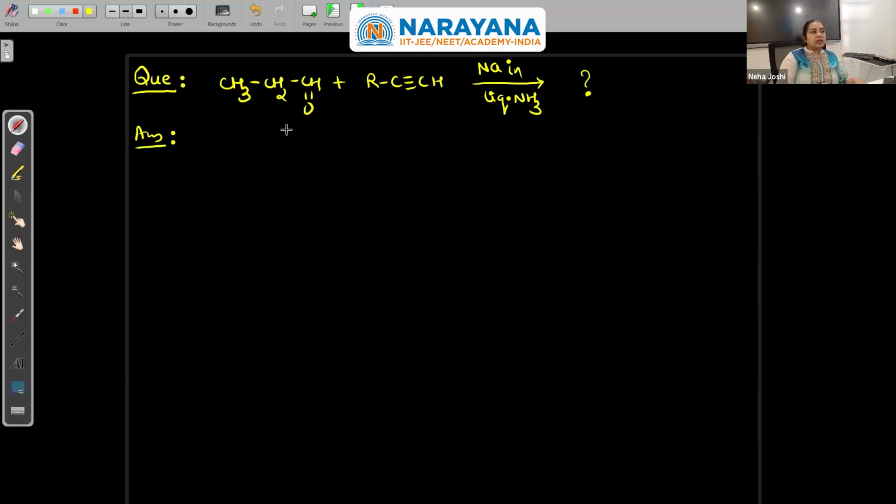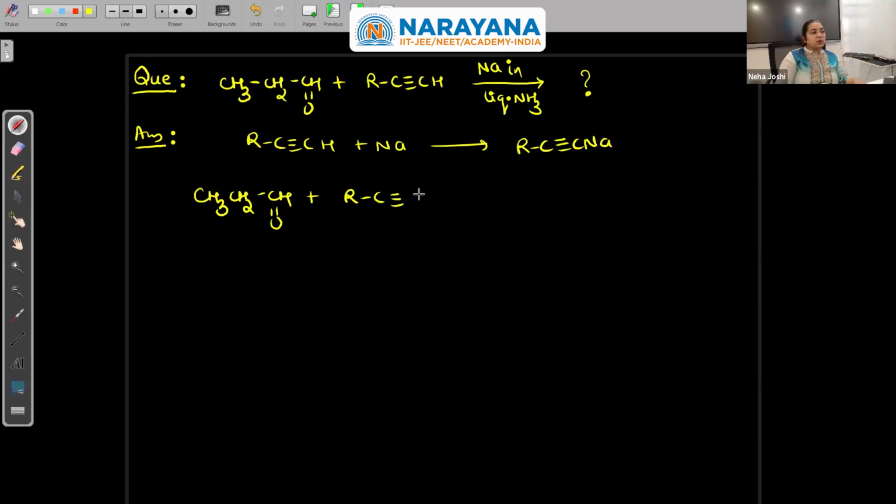So I will say that the product formed is by the organometallic path, because the terminal alkyne will form RC≡CNa, and this is acting as a Grignard-like organometallic. So CH3CH2CHO plus RC≡CNa.